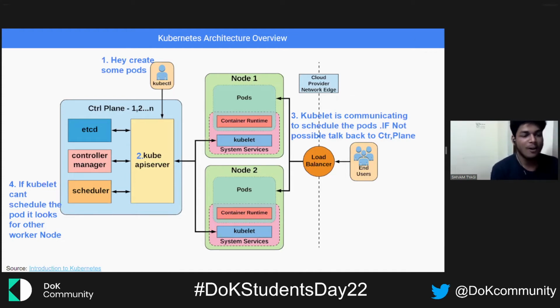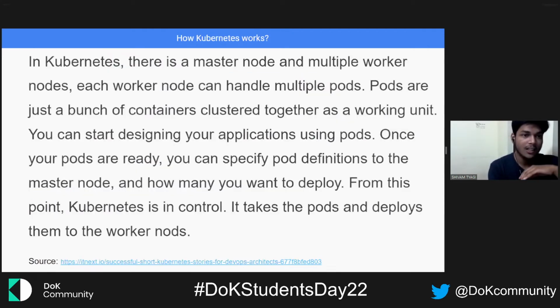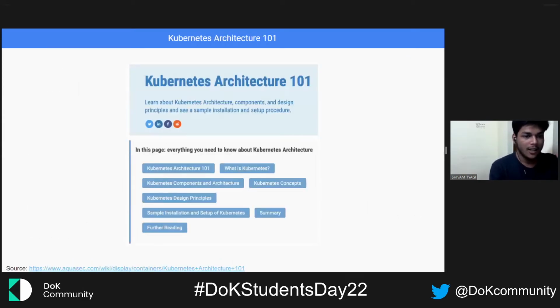That is basically an overview of the Kubernetes architecture. And as I said, there is a master node and there is a worker node, and the worker node manages the multiple pods that are running on your system. There is an interesting blog that you can give a read if you want to dive deeper into the Kubernetes architecture.